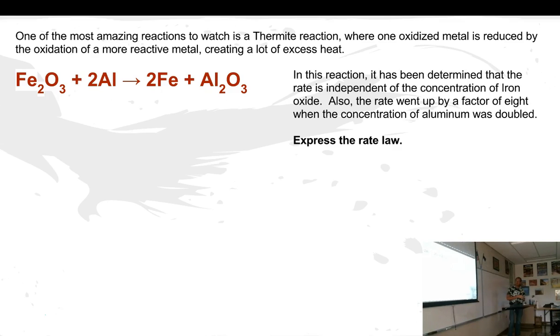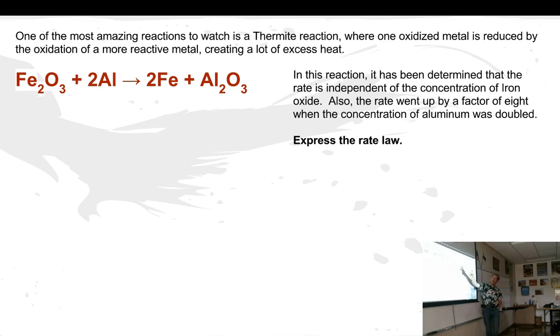doubled. So experimentally, we determined that doubling the aluminum made the reaction go 8 times faster. So you've got to be good with squares and cubes and 4th powers and 5th powers, and if you're not good with it, you have a calculator. 2 raised to the what power is 8? 3. 2 raised to the 3rd power is 8.